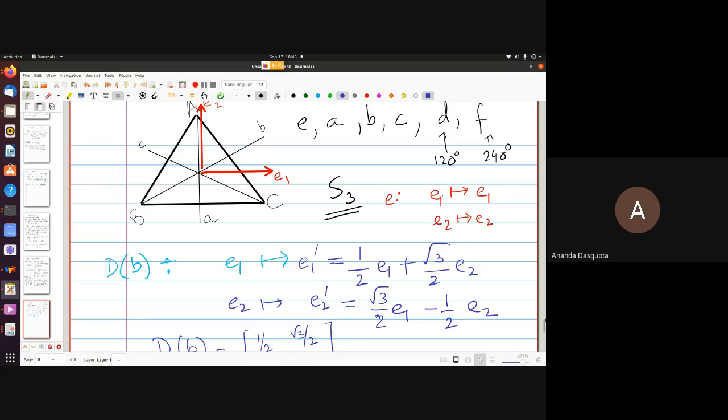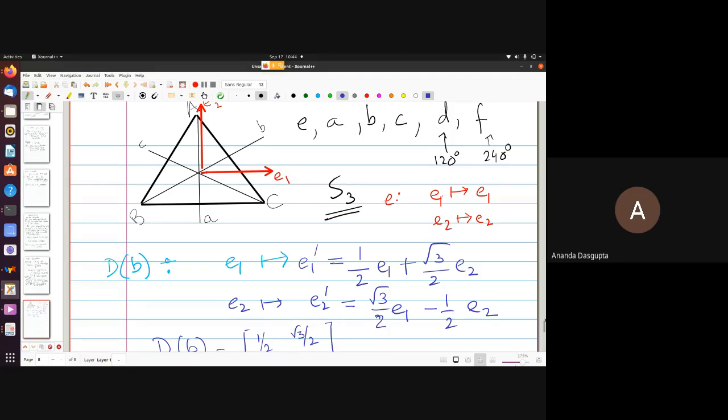once you have a matrix representation of any group, you can immediately reduce that to a one-dimensional representation just by taking determinants of every one of the matrices. Why does this work? It works because G1, G2 will of course map to DG1 times DG2. But if you take the determinant of DG1 times DG2, you get determinant of DG1 times determinant of DG2.